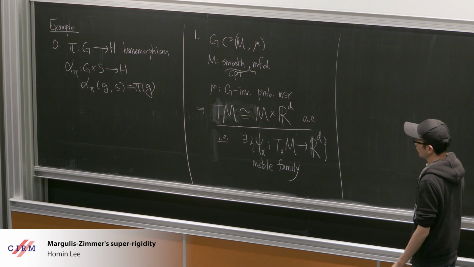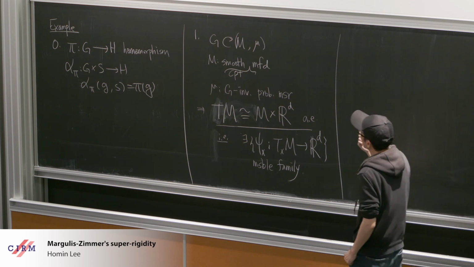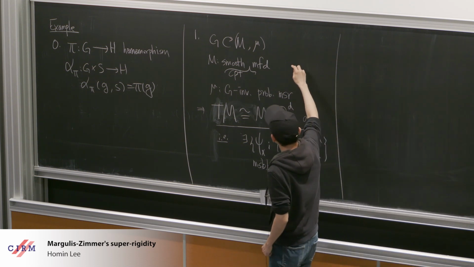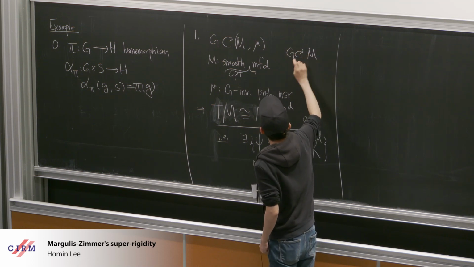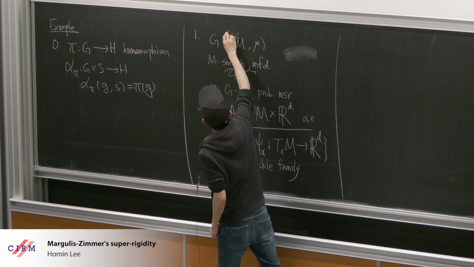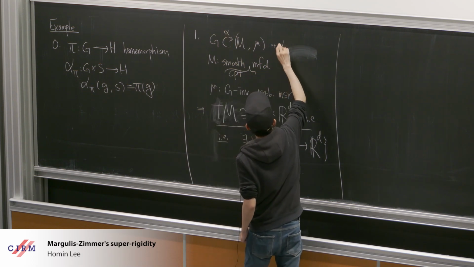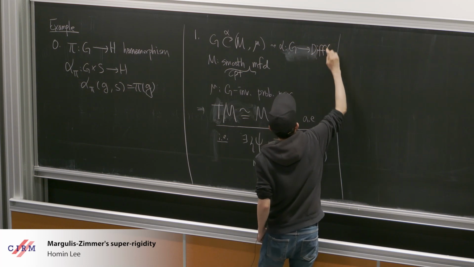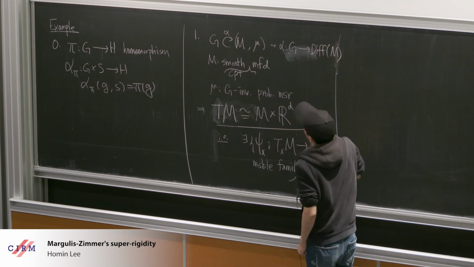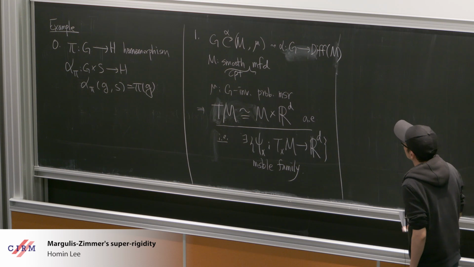So I have a measurable family of trivialization. And then I want to assume that the G action on M, the action alpha, is a homomorphism from G to the diffeomorphisms of M, so that I can think about the derivative.